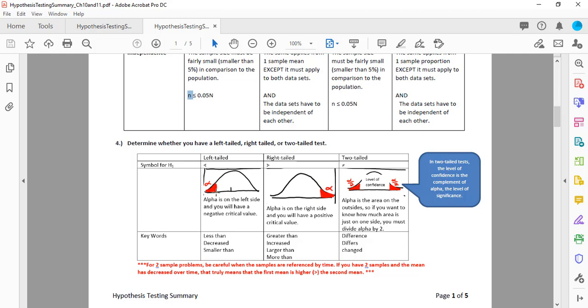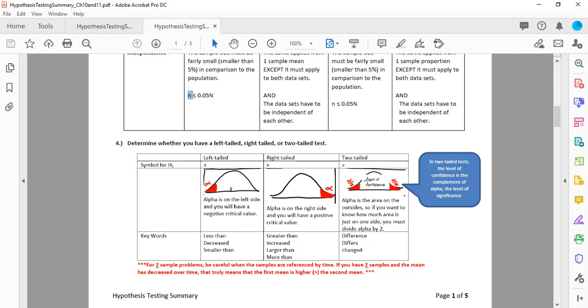So your critical value is going to end up being negative. If your keywords are greater than, increased by, larger than, or more than, then you have a right-tailed test. That means for your alternative hypothesis, you're using a greater than sign. That means that alpha is on the right and you're going to have a positive critical value here.